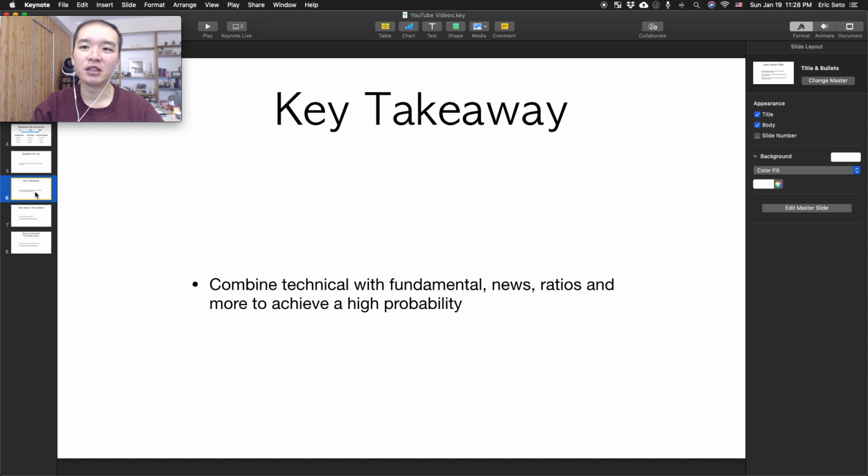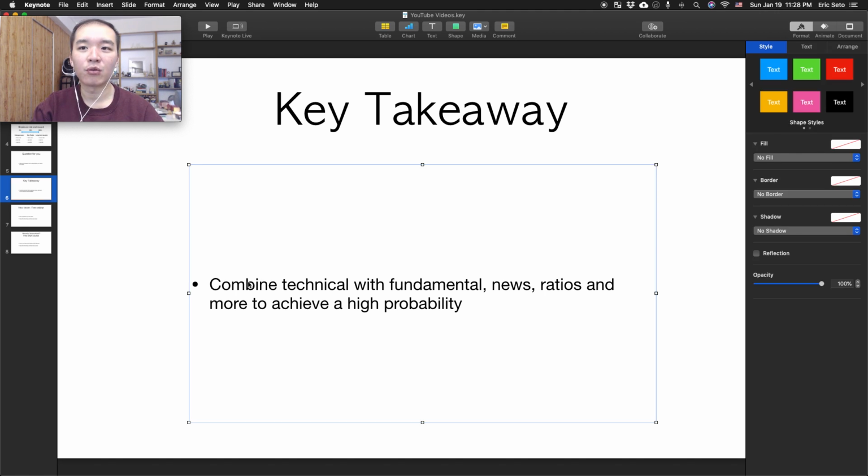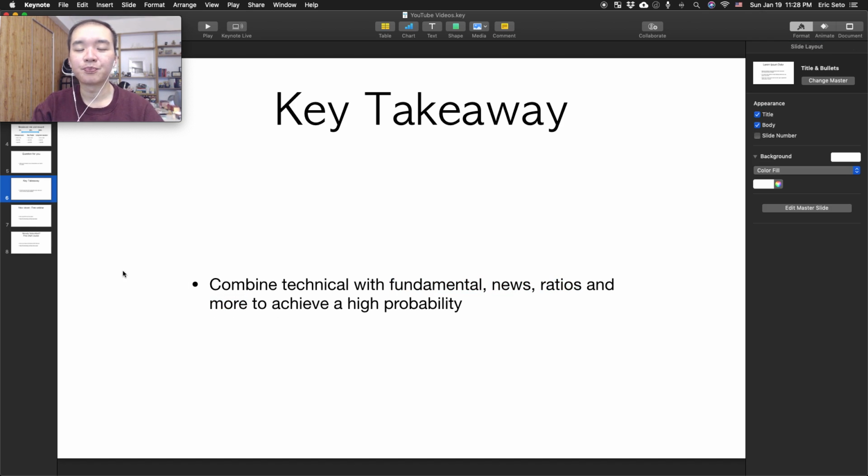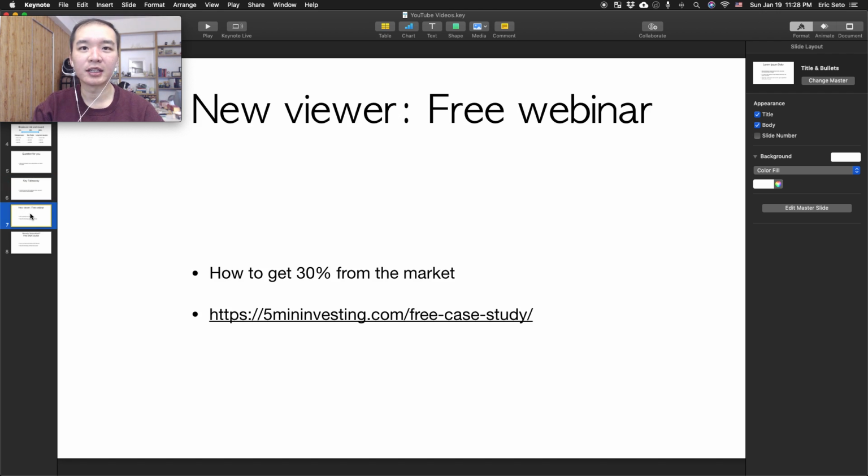And that's really research. If you are not confident in the stocks that you're investing in, it means you didn't do your research. So then that's what you need to work on. And these are the areas where you want to learn in terms of technical analysis, fundamental analysis, news, ratios, and more. So these are the areas you can focus on to achieve a very high probability.